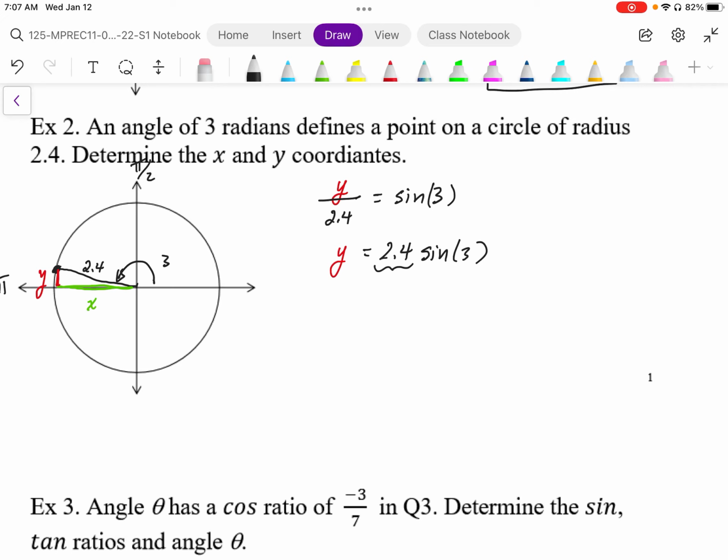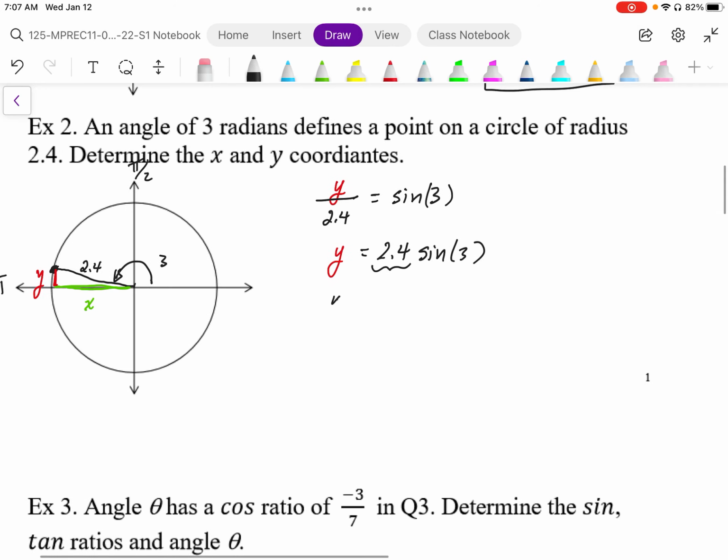The y position is going to be 0.3386, so I'm going to round that to 0.34. So y is equal to 0.34. That's the y position of that angle.